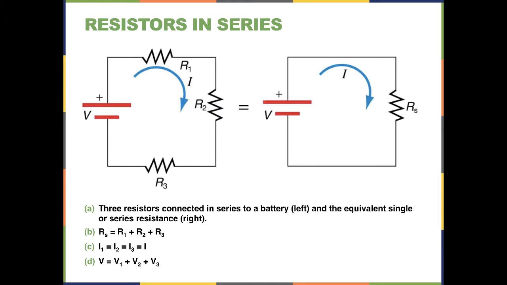And so by the time you complete the loop back to the power source, you would have used up all the potential difference. And therefore, the sum of the voltages at the 3 points has to be equal to the battery power that's provided.